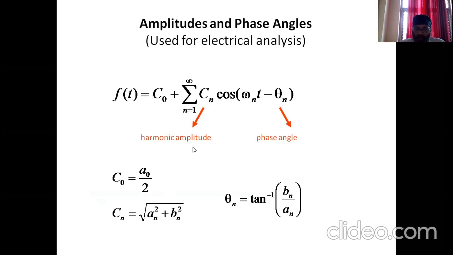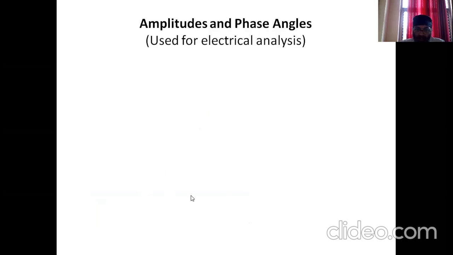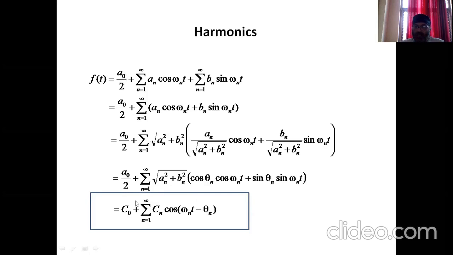And C0 is just this A0 by 2, denoted by C0. So this is one form of calculating the harmonics. If we simplify it by multiplying and dividing by this value, we get a simplified version in this form. This form will give us different harmonics and different n values.